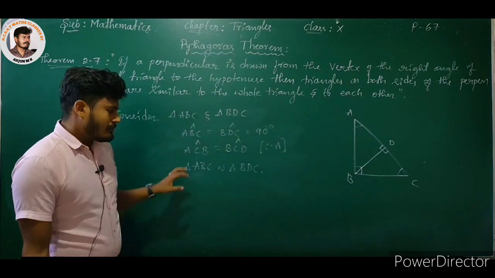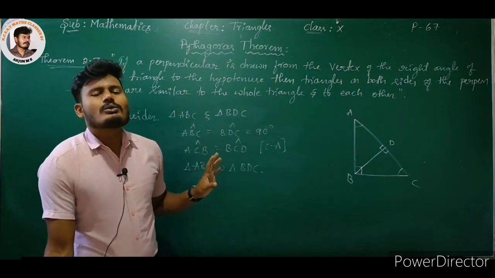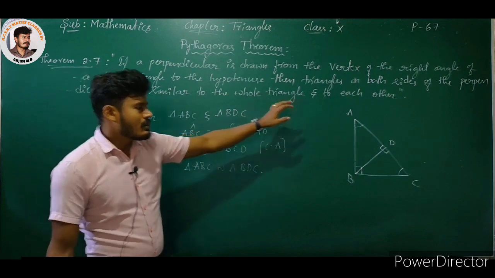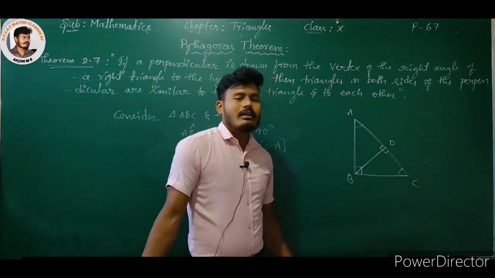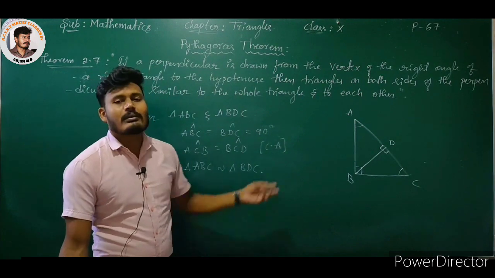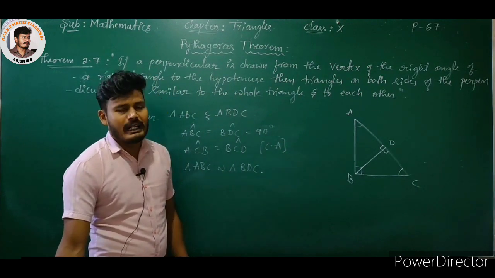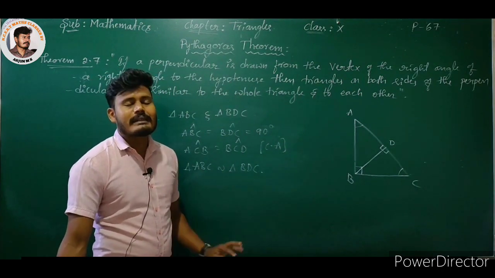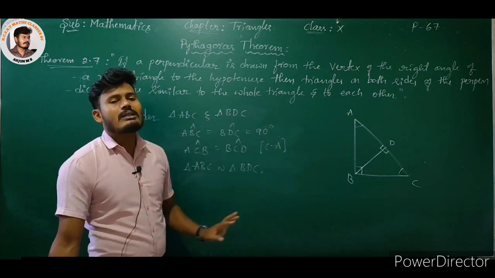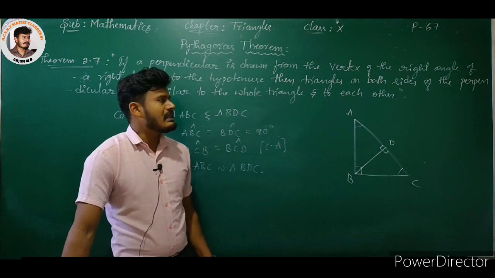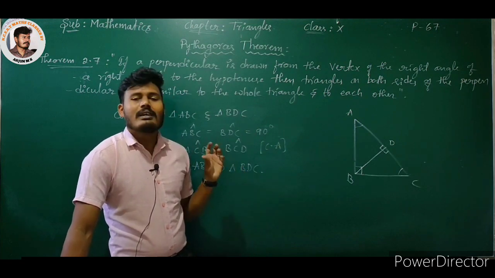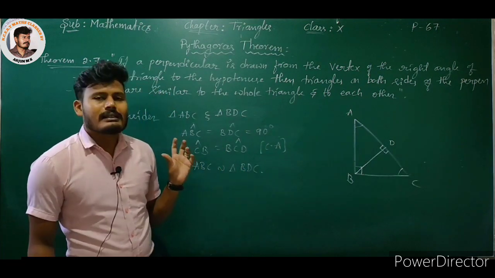So this is the way to prove that the two triangles on both sides of the perpendicular line BD are similar to the whole triangle. This is the exact meaning of this particular statement.